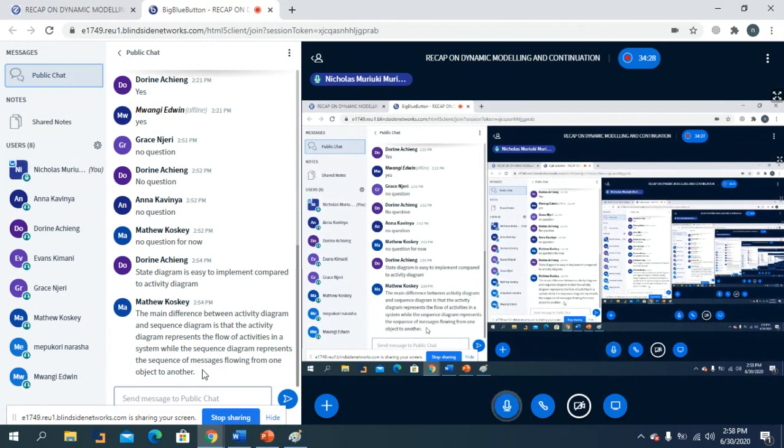So if the diagrams are clearly stated, automatically you'll be able to understand the concept. So is there any question up to that point? Are we able to come up with a structural diagram, sequence diagram, collaboration diagram, state diagram, use case and activity diagram?